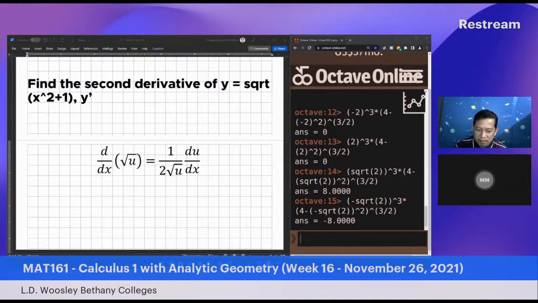Let's see. Square root of x squared plus 1.